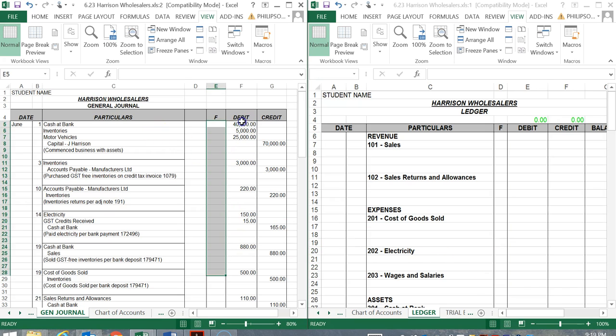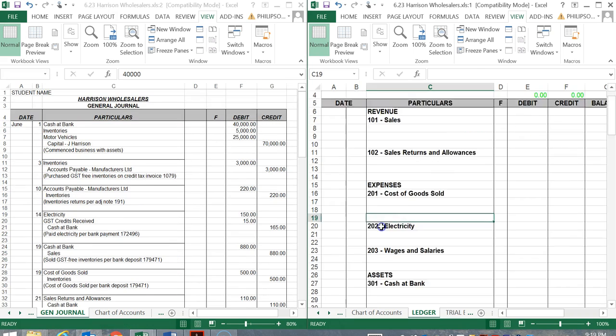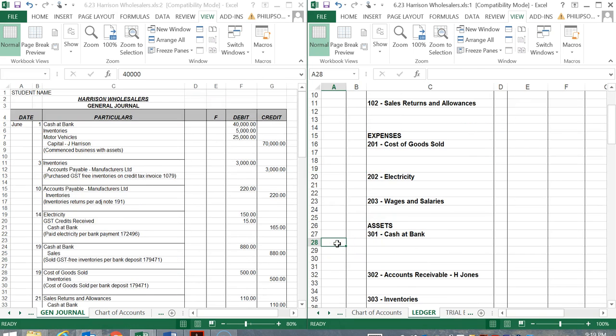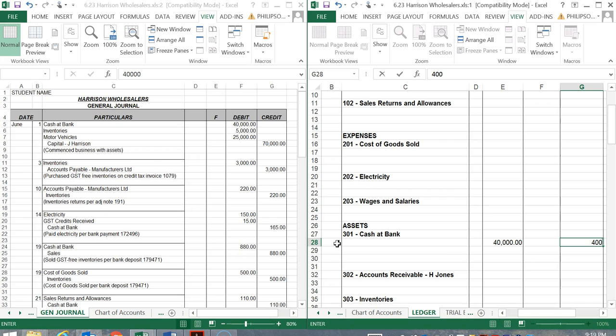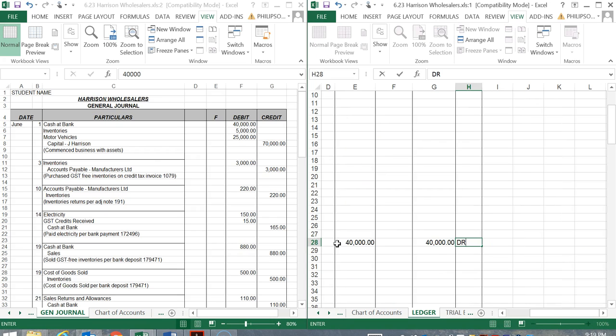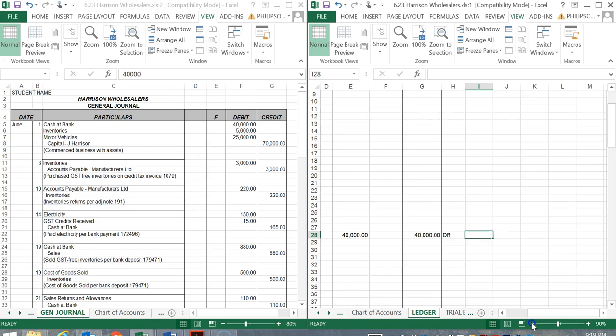Let's go. The first journal entry tells us to send $40,000 debit to the cash at bank account. So on June the 1st, $40,000 debit to the cash at bank account, and our balance is $40,000 debit. I might just shrink this down.